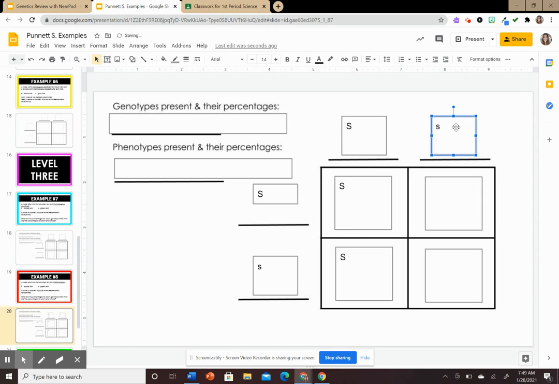And then we'll drag this little s straight down. Okay. And then we'll come over to the female, drag that big S straight over. And then we'll drag this little s straight over.